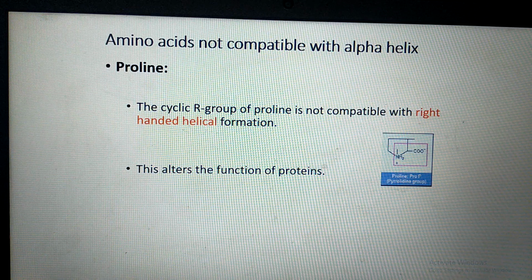That means the R group is present in cyclic form, and this is not compatible with right-handed alpha helical structure. It alters the function of proteins if it is present. Therefore, very few proline amino acids are present in alpha helical structure.